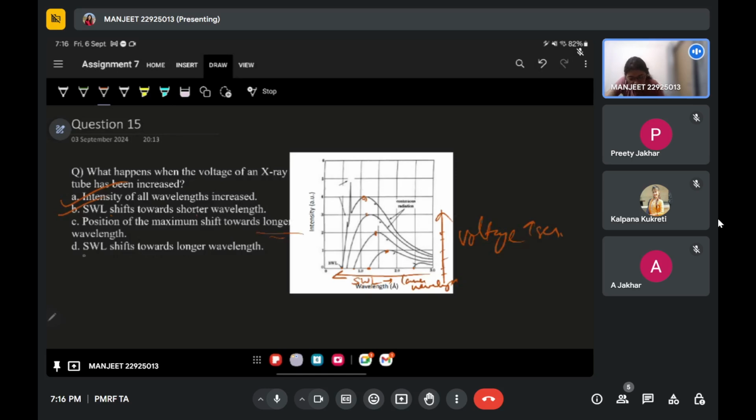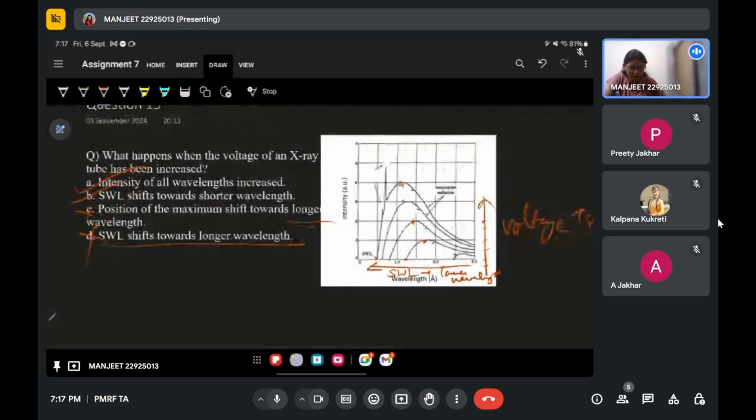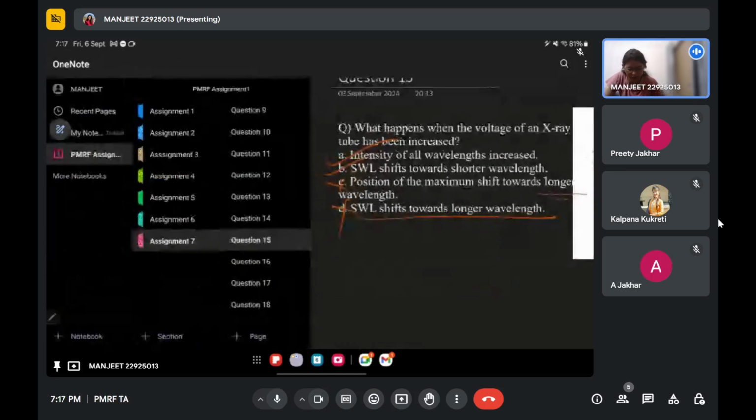No, it moves toward the lower wavelength. D, SWL shifts toward the lower, is also not correct as stated. Only A and B are correct: the SWL shifts toward the shorter wavelength, and the intensity of all wavelengths increases if we increase the voltage.